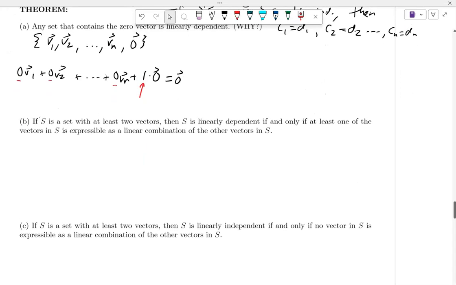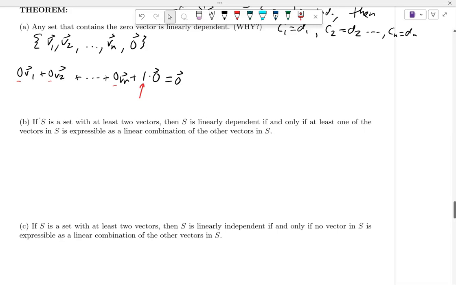All right. So the next one is basically what I did at the beginning of class. It says that if you have at least two vectors, it's linearly dependent if and only if you can express one of the vectors as a linear combination of the others. All right? Isn't that what we did at the beginning?